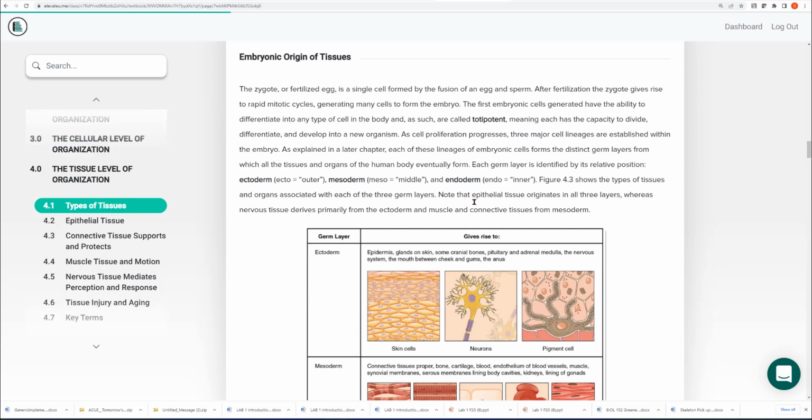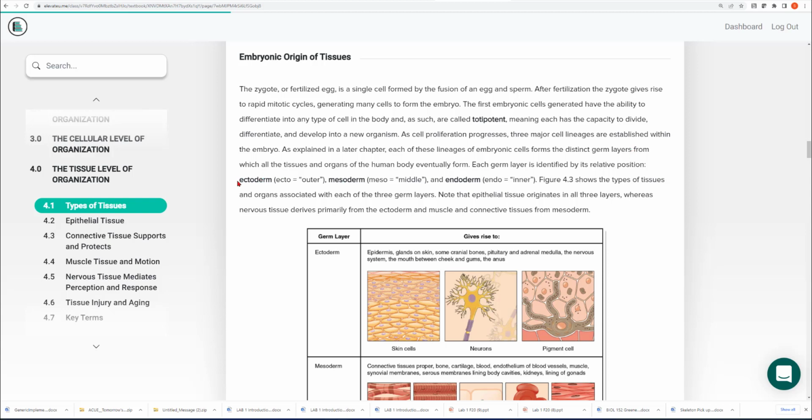In the early embryo, shortly after the embryo attaches to the uterus, the early embryo divides into 3 distinct layers. And these 3 distinct layers are called the germ layers. Not germs like things that make us sick, but germ layers. And there are 3 of these germ layers.